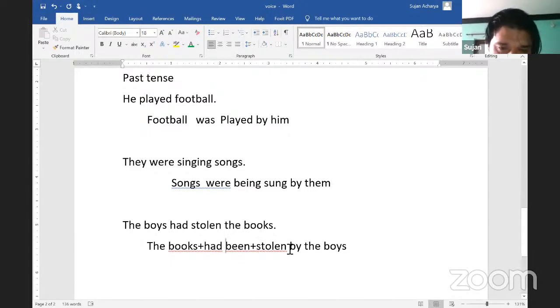First step, after identifying the verb, I have written its V3 form. Then because the sentence is in perfect tense, I have added been here. And the next step is by plus agent of the active voice.